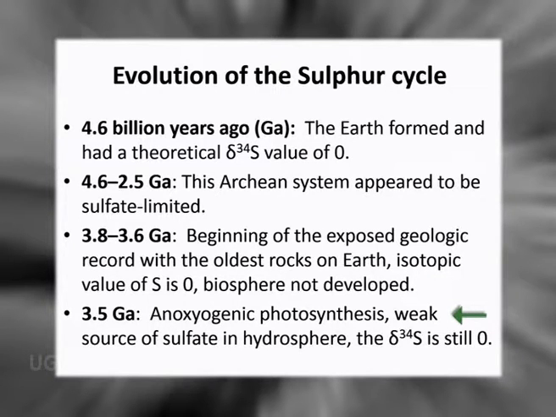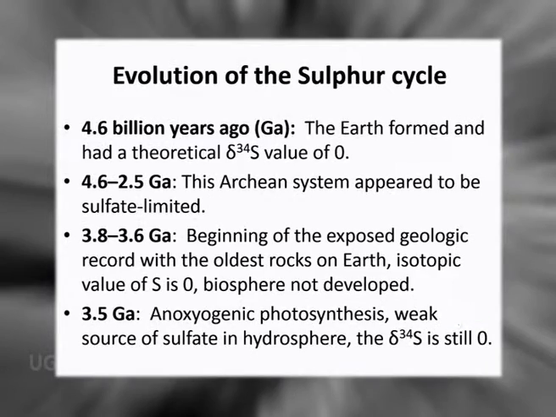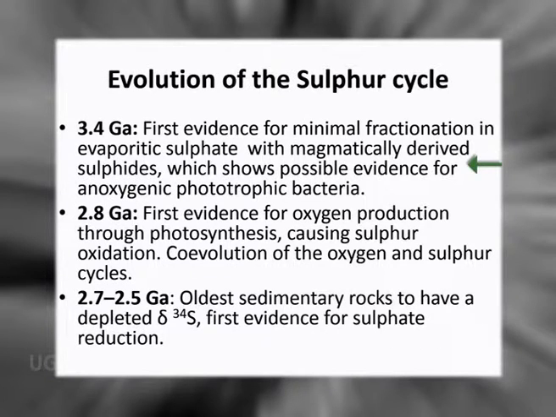But it was around 3.5 billion years that anoxygenic photosynthesis resulted in the production of some sulfate in the hydrosphere. But even at that time, the radioactive sulfur was 0. S34 was 0. It was around 3.4 billion years that there was some fractionation with the conversion of sulfate to sulfide.